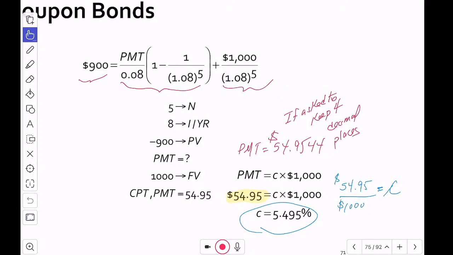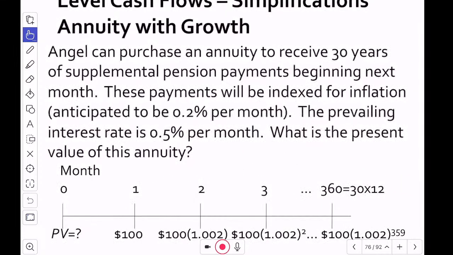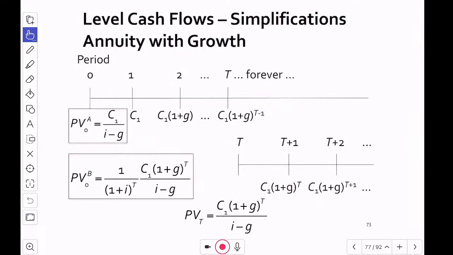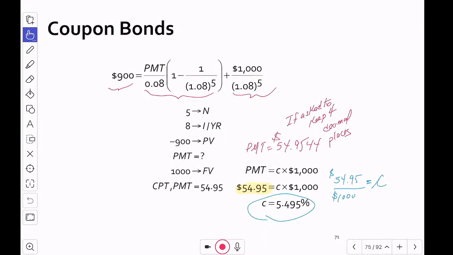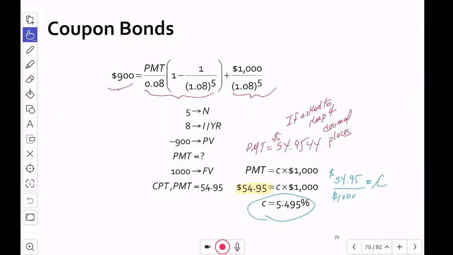Oops. Oh, maybe I don't have an example for time. We're missing time. That's interesting. I thought I had an example. Okay, so let me just make a note.